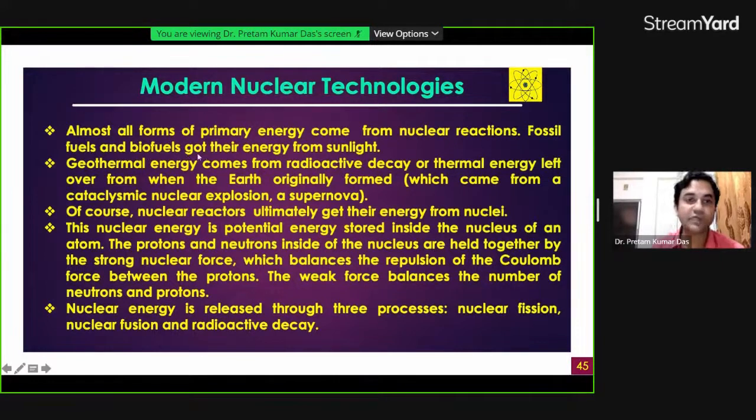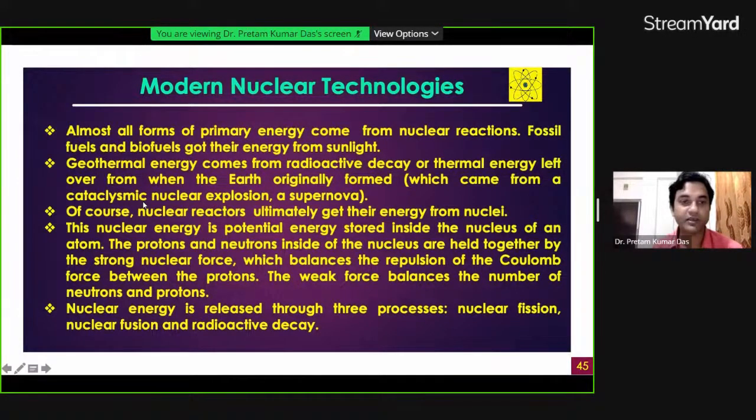Fossil fuel and biofuel got their energy from sunlight. Geothermal energy comes from radioactive decay or thermal energy left over from when Earth originally formed, which came from a catalyst, which made a nuclear explosion or supernova. Of course, nuclear ultimately gets its energy from nuclear.